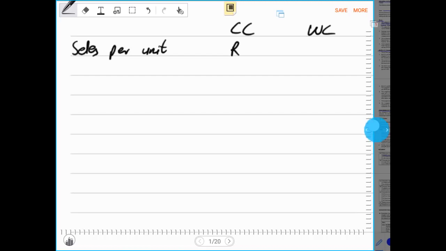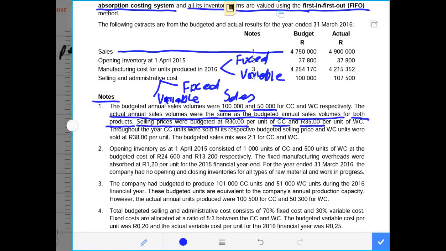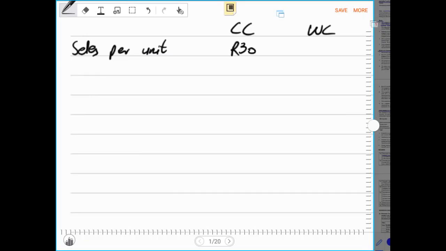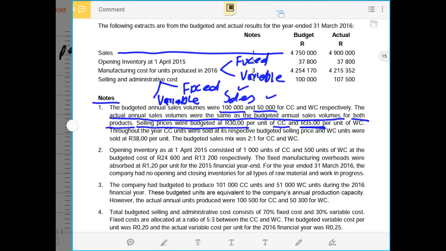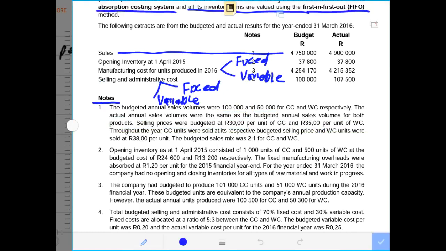And I am told that my selling price per unit was 30 Rand for product CC and 35 Rand for product WC. So now let me have that 30 Rand and 35 Rand, which is budgeted for the two products. Now I will take into account the number of units that were budgeted to be sold a bit later on, when I'm calculating the closing inventory when closing inventory is not provided. Then it further says that throughout the year, CC units were sold at its respective budgeted selling price.